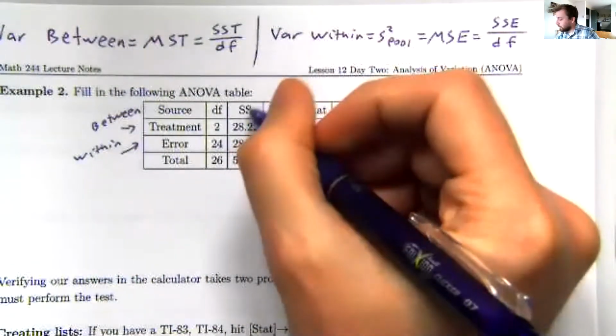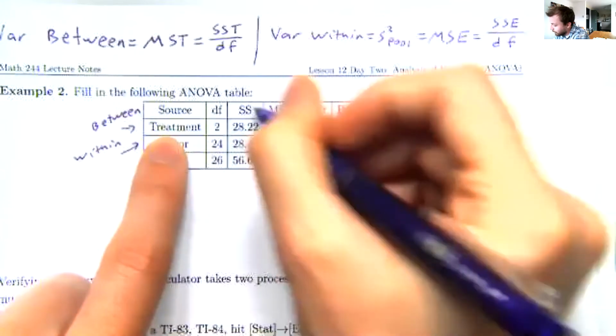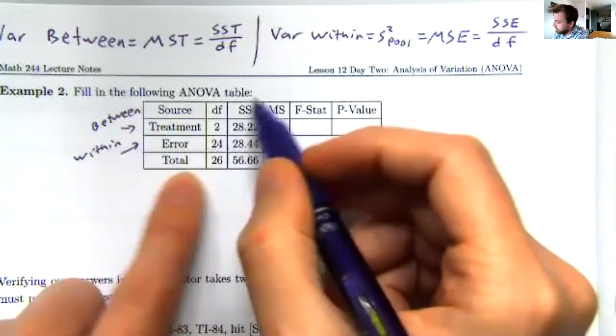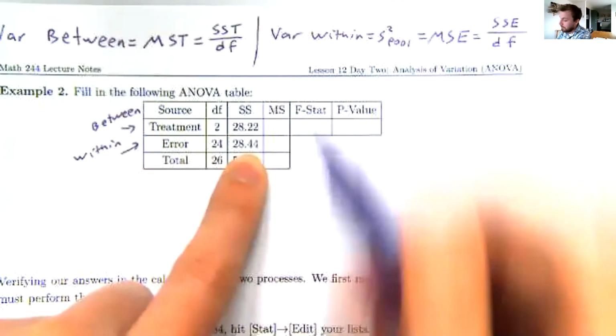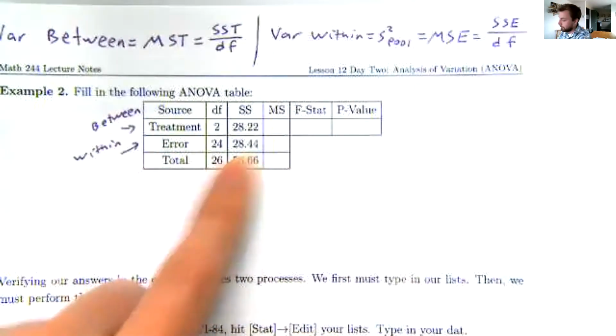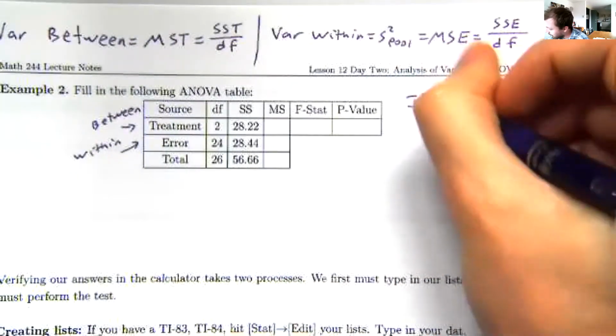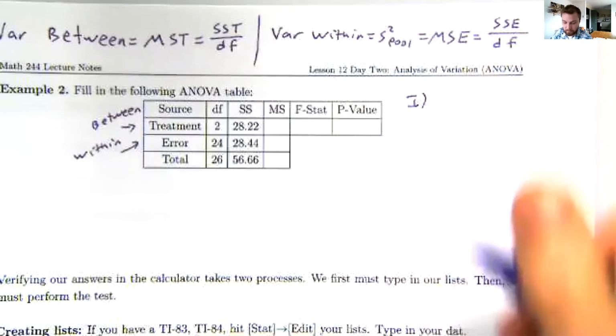SS stands for the sum of the squares, so this is the sum of the squares for the treatment. This is my SST. This is the sum of the squares for the errors. This is my SSE.